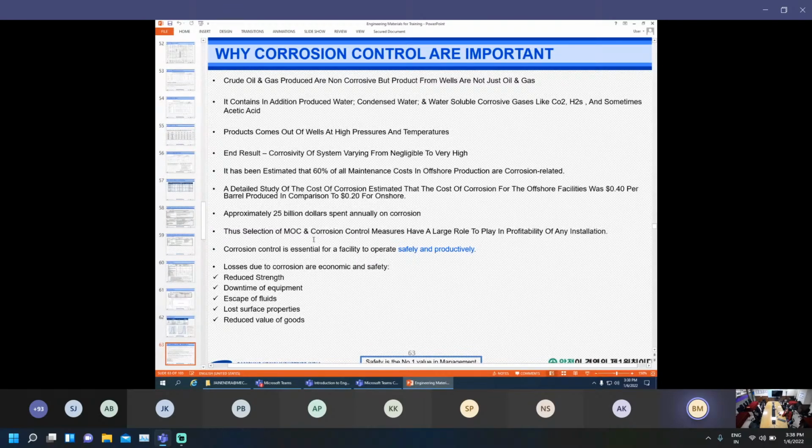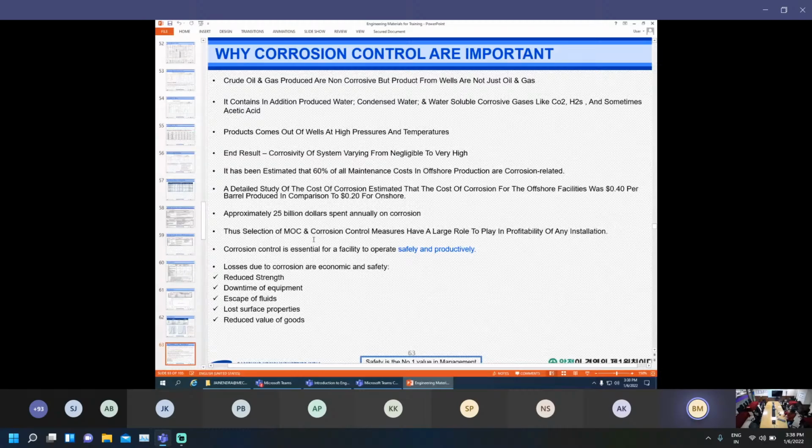Before going into that, a very interesting thing: if you are drilling any crude oil or gas, either from the earth crust or from the offshore sea, it is not corrosive. It becomes corrosive because of the addition of different types of fluids like produced water, condensate water, water soluble corrosive gases like CO2, H2S, sometimes acetic acid.